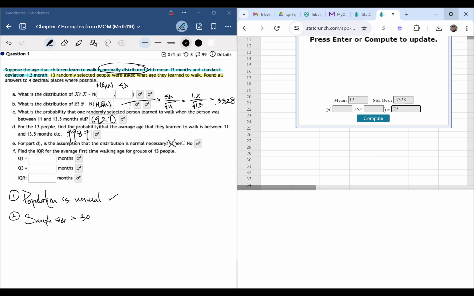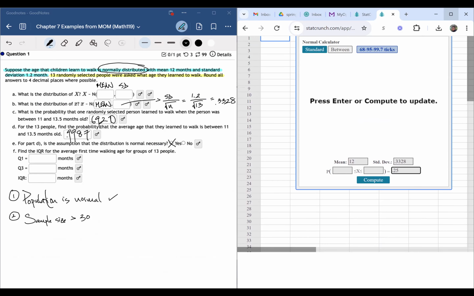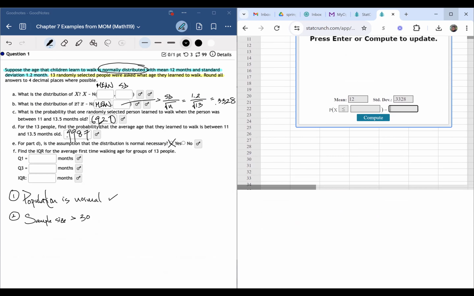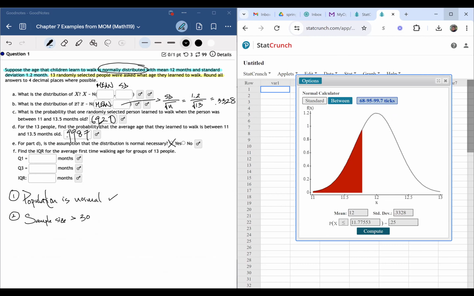We're shading the first 25% of that bell curve. We want that to be less than 0.25. We click compute and we see that quartile one is at 11.7755.